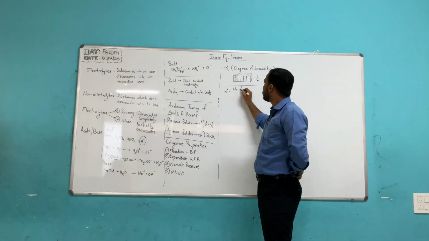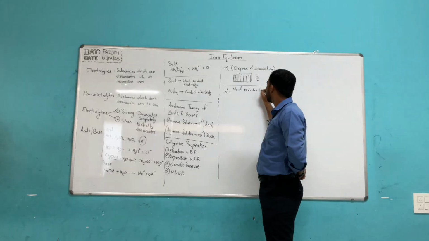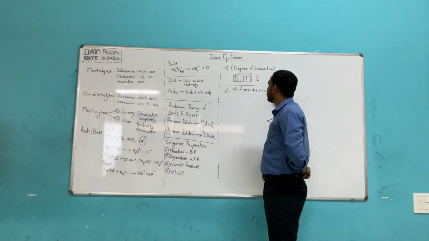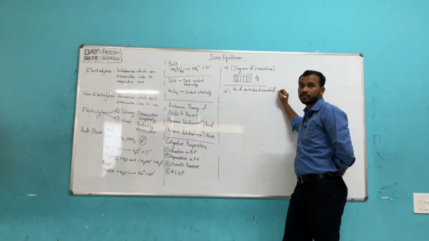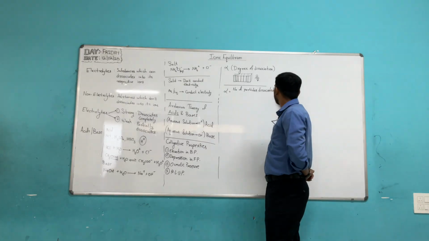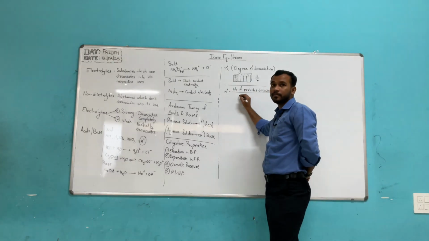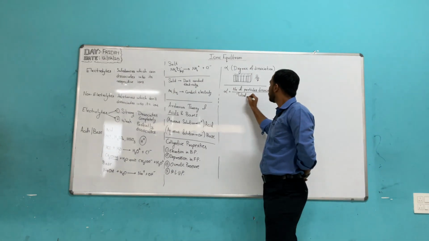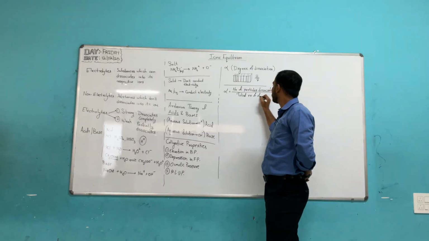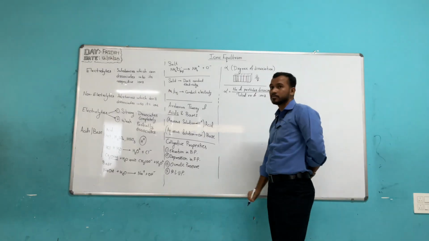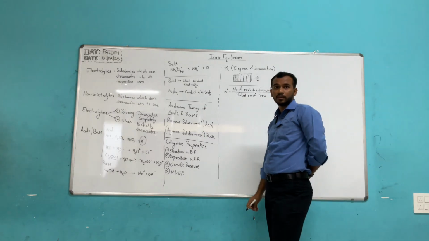Alpha is the number of particles dissociated, that is getting ionized, divided by the total number of particles.